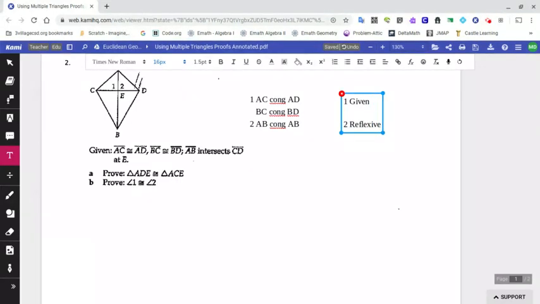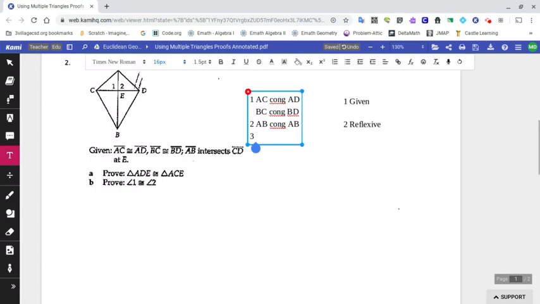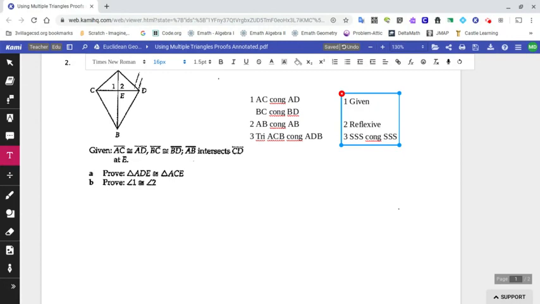So now my two triangles are congruent to each other. So 3, I can say triangle ACB congruent to triangle ADB, and that's by side, side, side.